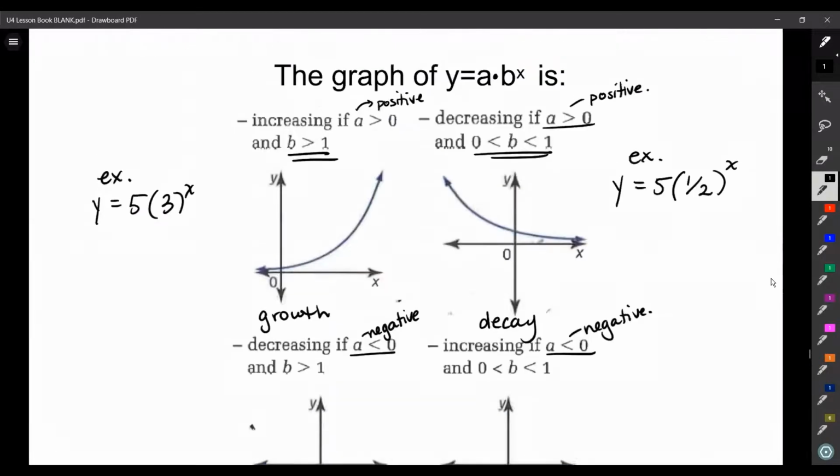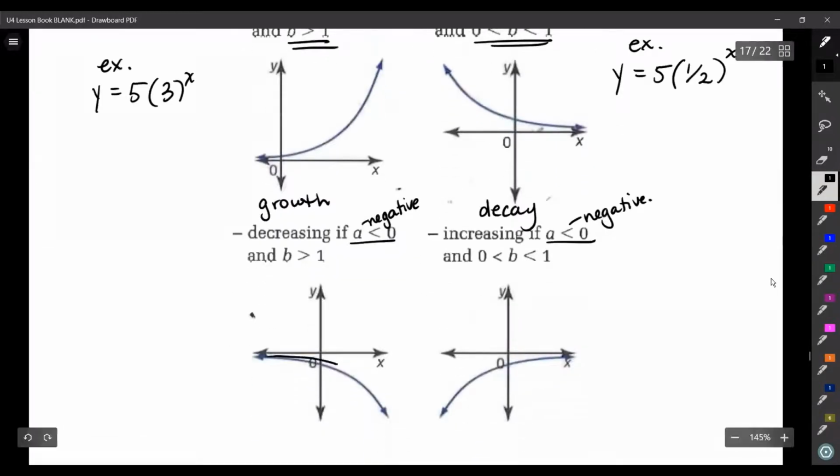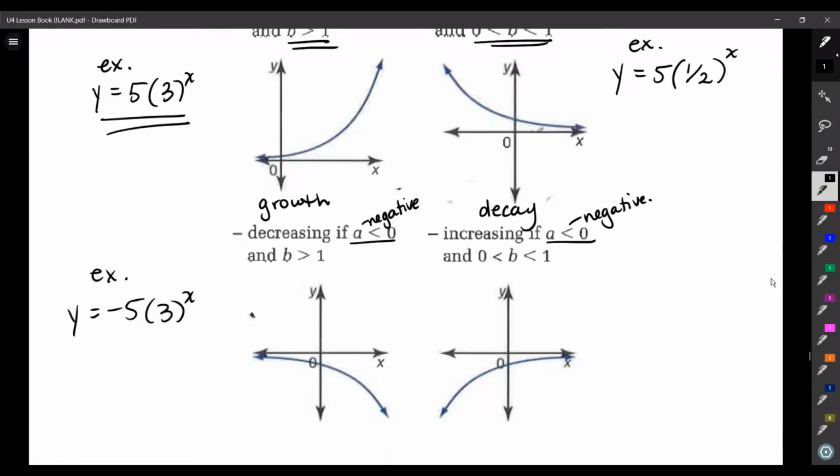So growth, when a is positive, increases, but when a is negative, it gets flipped upside down and it becomes a decreasing graph. An example could be exactly what we have above, but just making a negative is going to cause that graph to vertically flip. And then it will become a decreasing graph. Same thing here. An example of this one would be the exact same thing, except we just make a negative, and that causes a vertical reflection to happen.